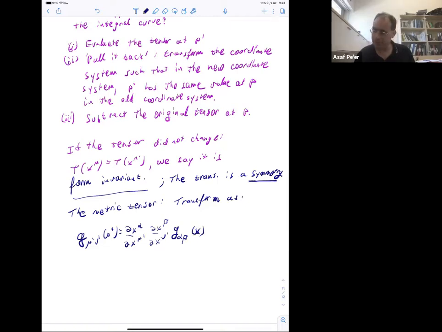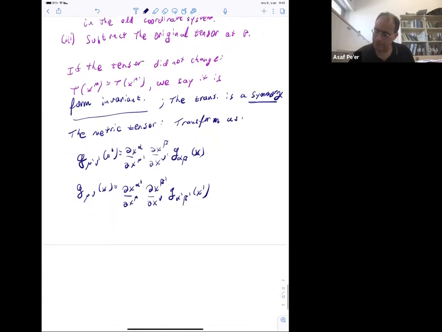Or the inverse would be G mu nu at the point x is just dx alpha prime over dx mu, dx beta prime over dx nu, G alpha prime beta prime of x prime.